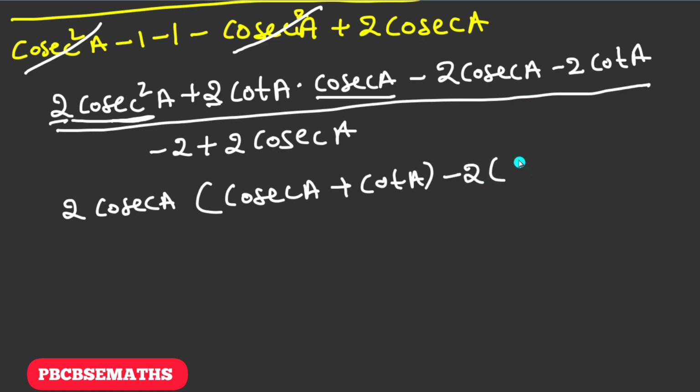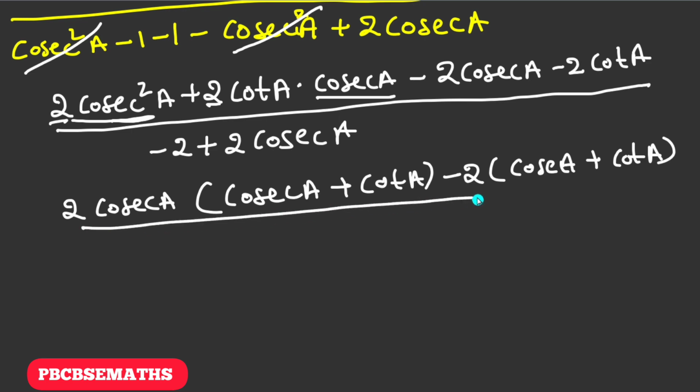Then we have cosec A plus cot A, whole divided by, here by factoring out this minus 2 we are only left with cosec A, and here we are only left with plus cot A.